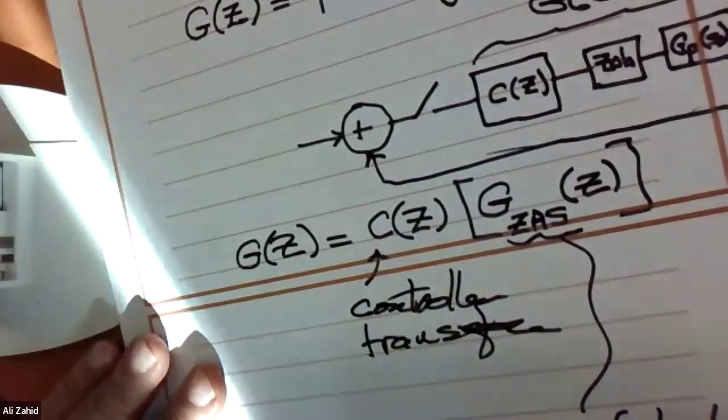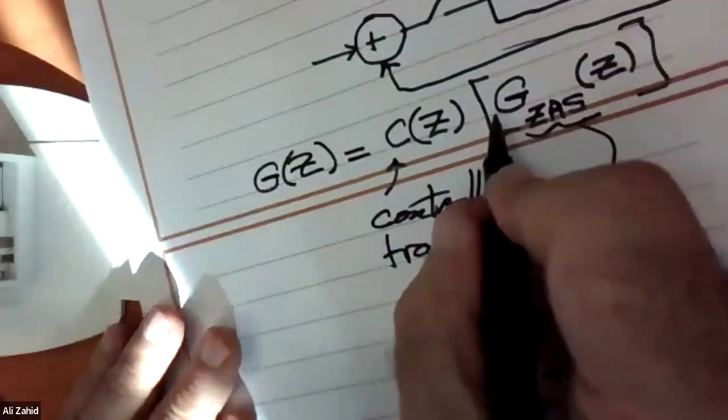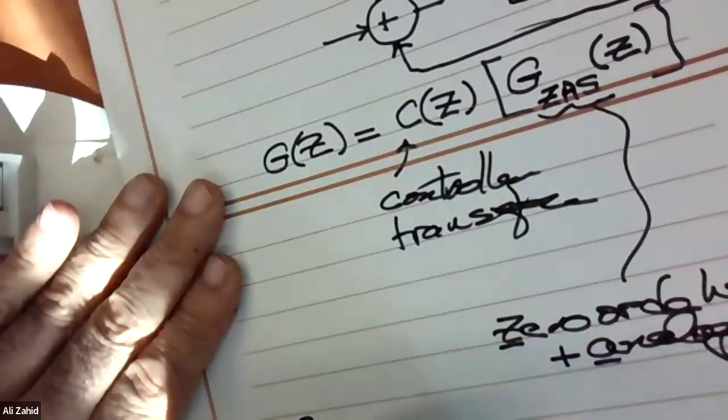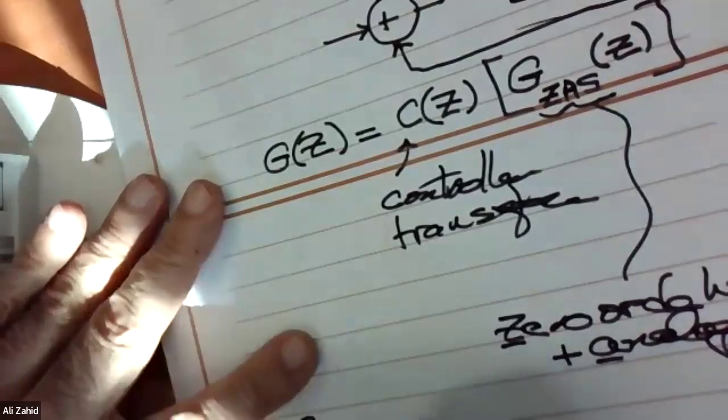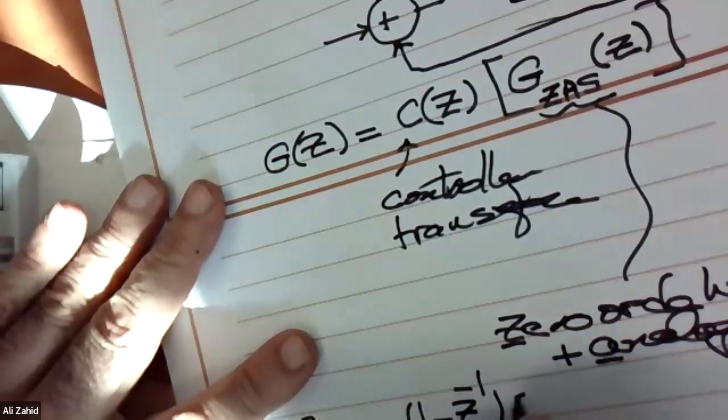So when I say ZAS, how do I find this? This is 1 minus Z to the minus 1 times what?